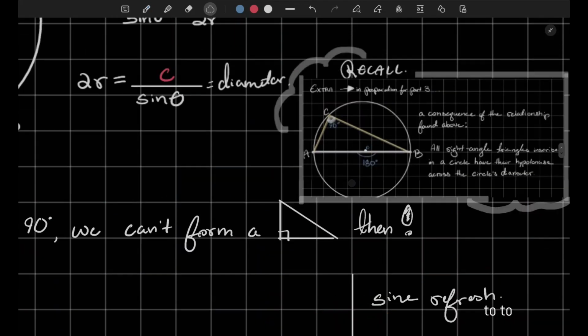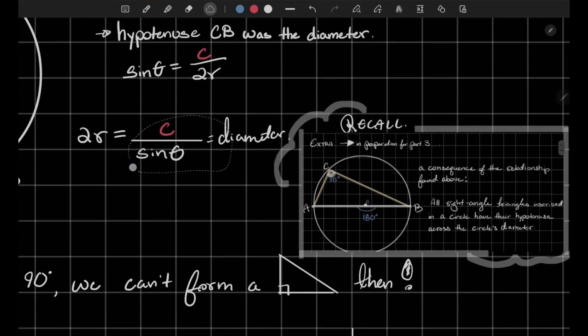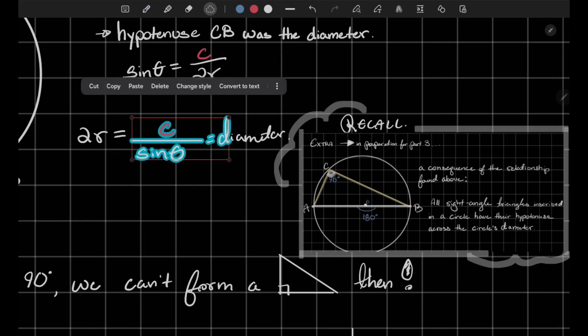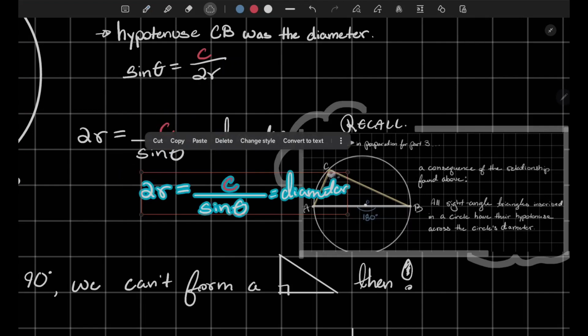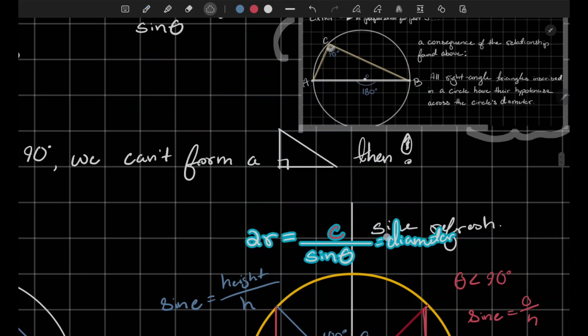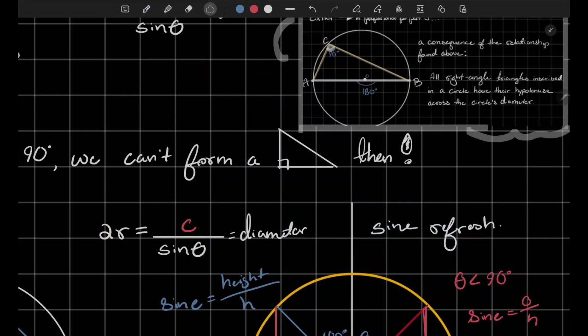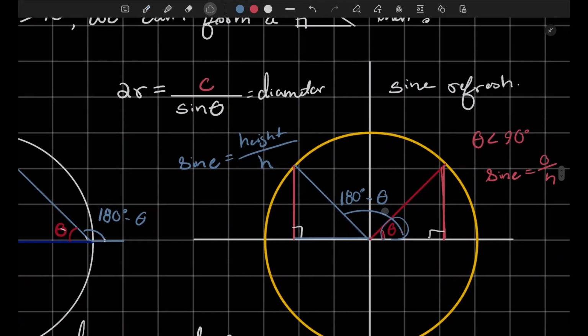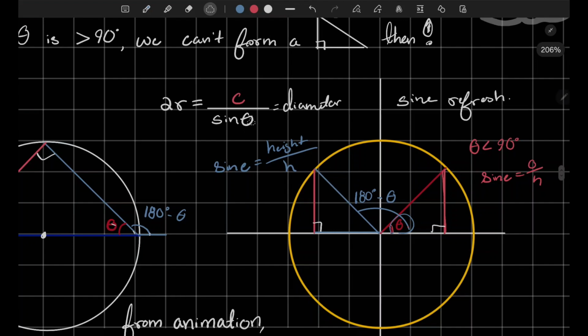Okay, so for this, ultimately you're gonna get the same value, because this value stays the same and this value stays the same.